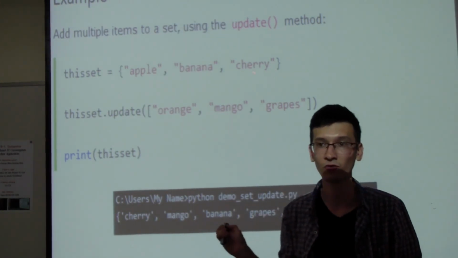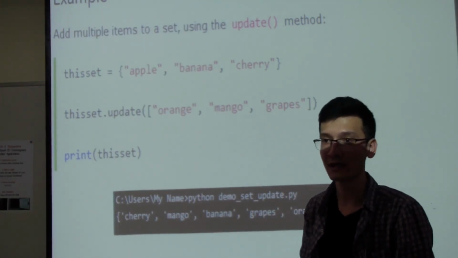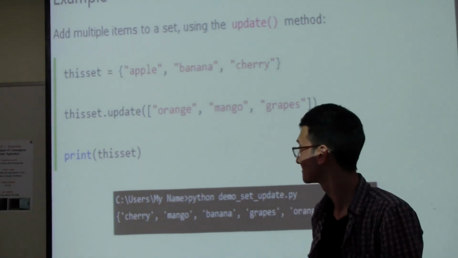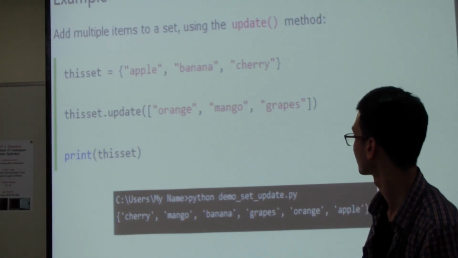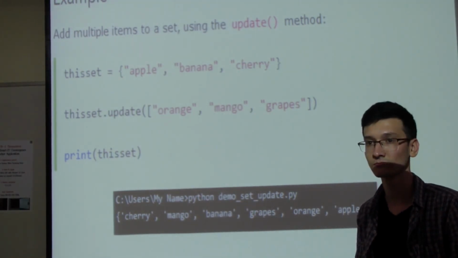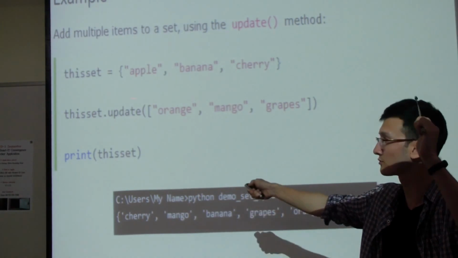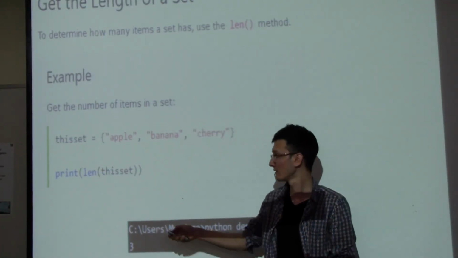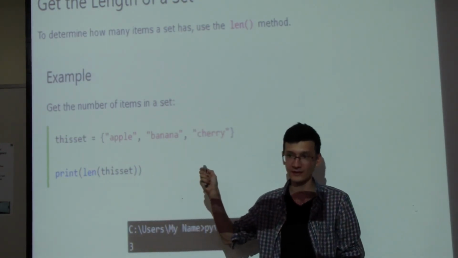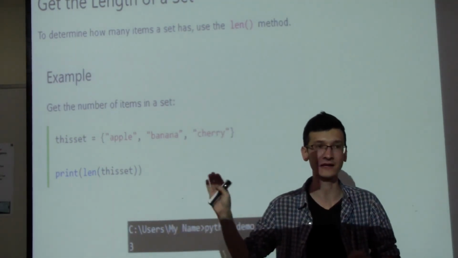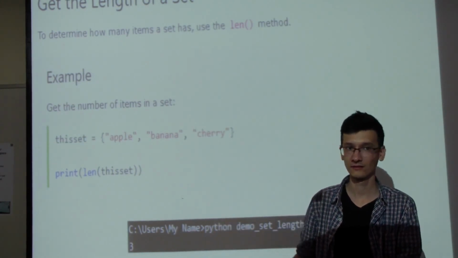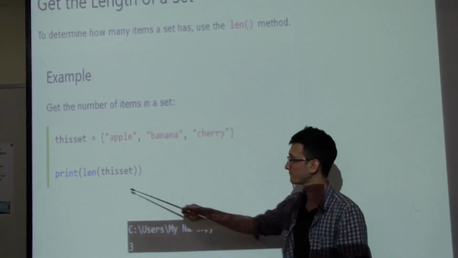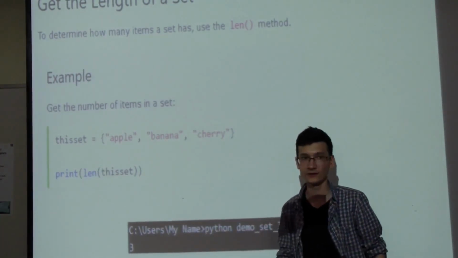If you don't use square brackets, your result will be messy. We always use the len function in order to get the length of the list, tuple, or set.